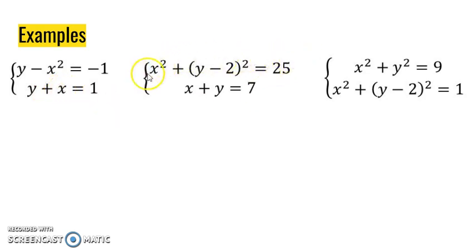Here I've got a circle, x squared plus (y minus 2) squared equals 25, and then a line that we're going to deal with. And then my last one over here, I've got a circle and another circle. Okay, so dealing with our nonlinear equations, honestly, the best way to solve these is to do substitution.